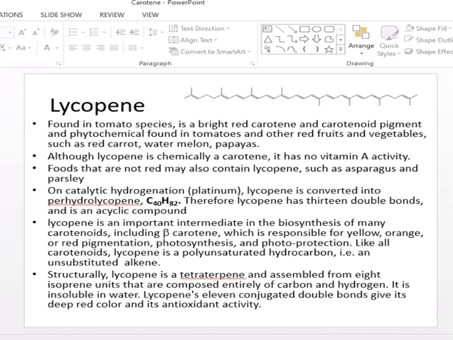Lycopene is a tetraterpene assembled from 8 isoprene units, and they are composed entirely of carbon and hydrogen. It is insoluble in water. Lycopene has 11 conjugated double bonds which give it its deep red color and its antioxidant activity.